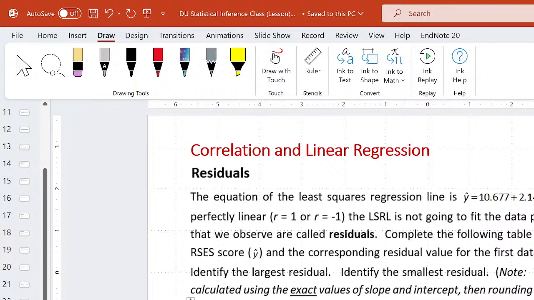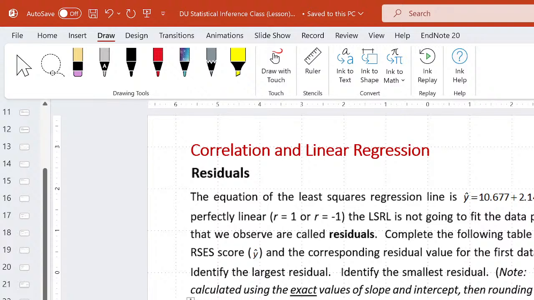What else can we do with the residual? This is really interesting. We make a residual plot, and that's one of the tools we use to assess the appropriateness of the model.